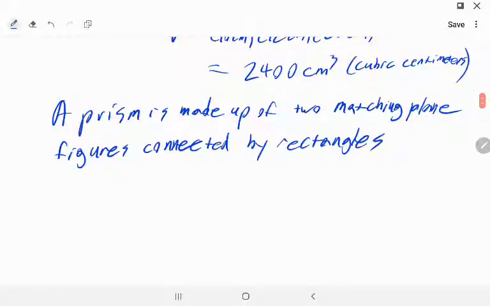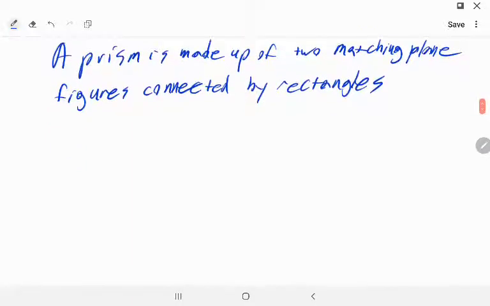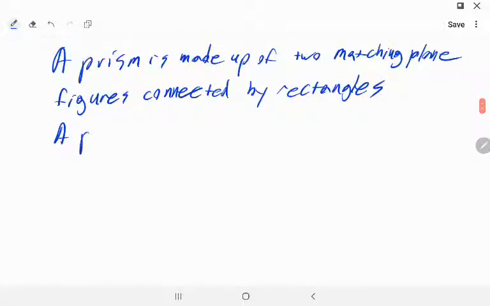So essentially a box is a rectangular prism. So I should say a right prism.